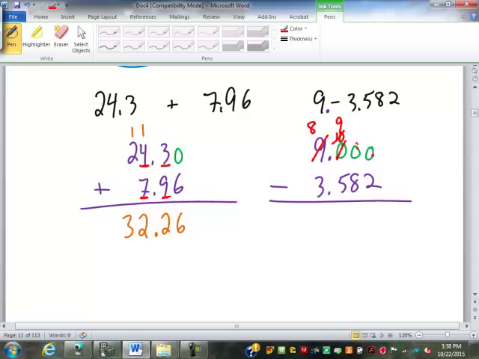Borrow again. That's a 9 and a 10. And one more time. 9 and 10. Now we're set to subtract. 10 minus 2, 8. 9 minus 8, 1. 9 minus 5, 4. Bring down the decimal. 8 minus 3 is 5. Perfect.